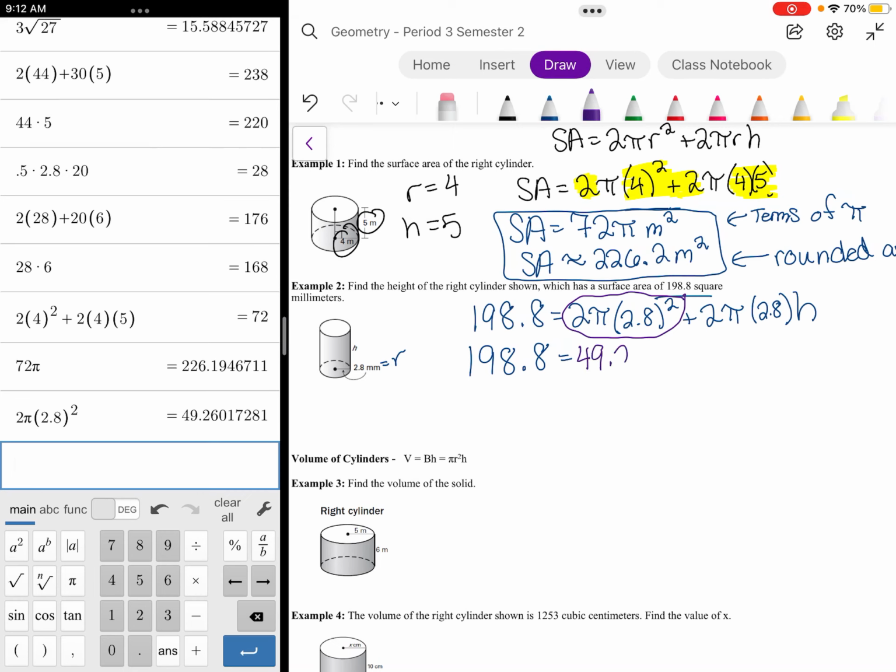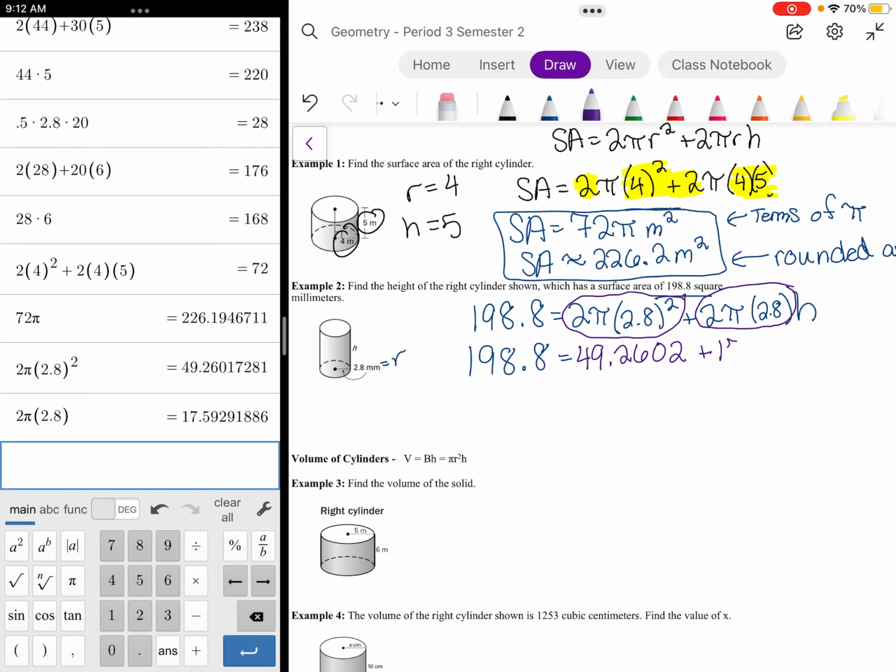So we get 49.2602 plus, and then we're going to figure out what the part in front of the h equals. We type in 2 pi times 2.8, and that gives us about 17.5929h. Now this is just like any other equation, and you can type it into your calculator when you're solving.